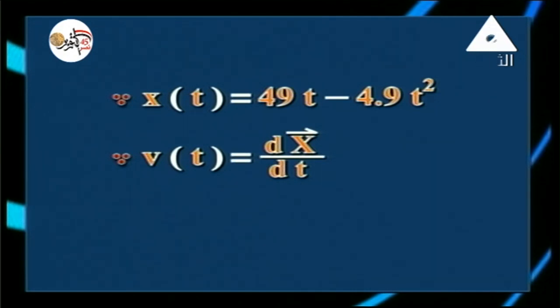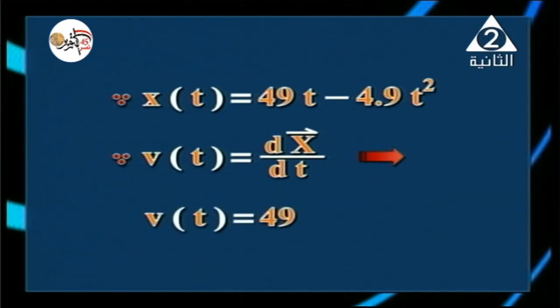We find the differentiation of this position vector with respect to time t equals 49 minus 9.8 t.